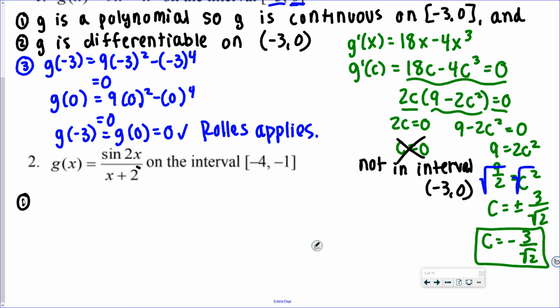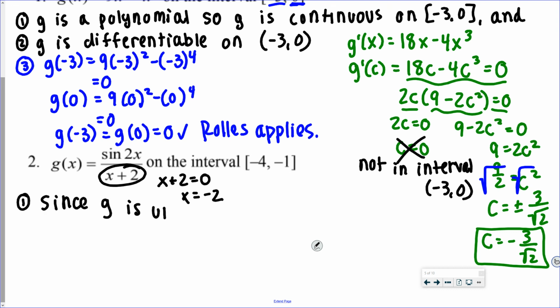But I look here at my denominator, and when my denominator is 0, my function's undefined at -2. Is that in my interval? Yeah, so automatically first hypothesis not met, since g is undefined at x equals -2. g is not continuous.